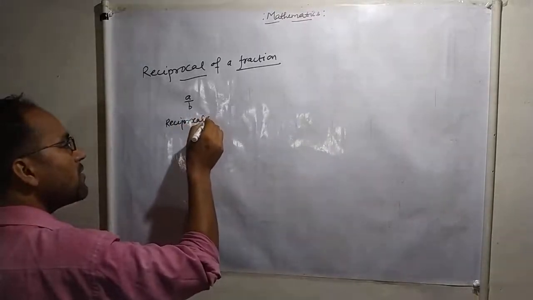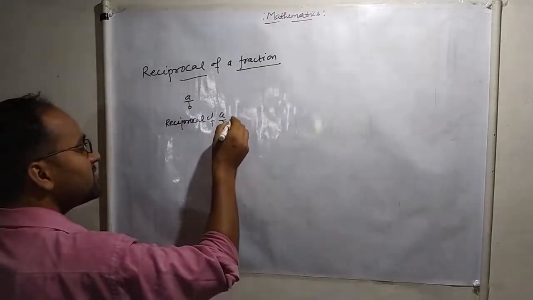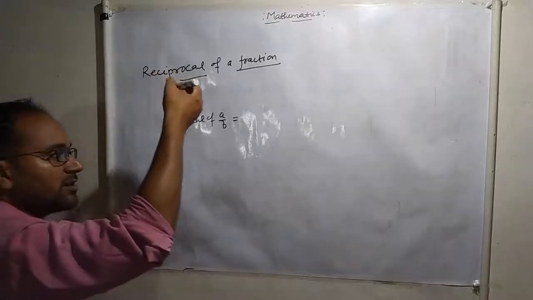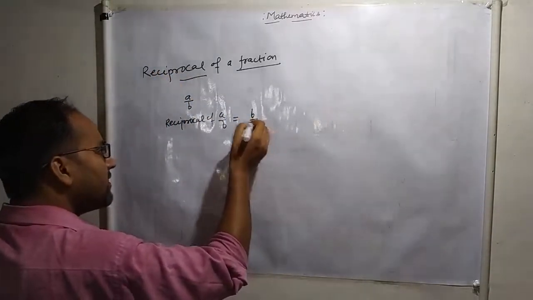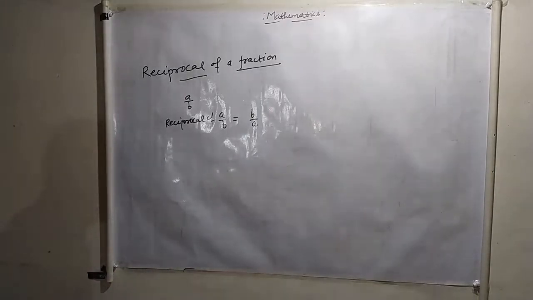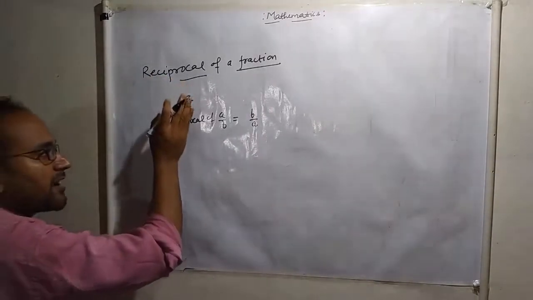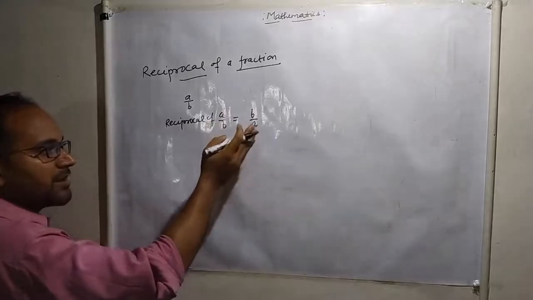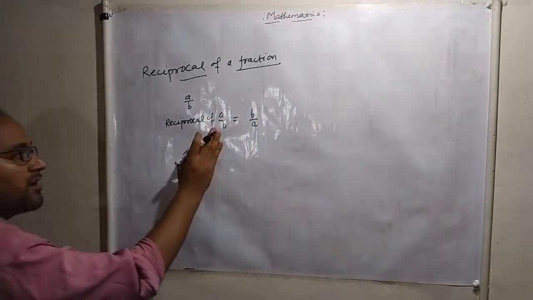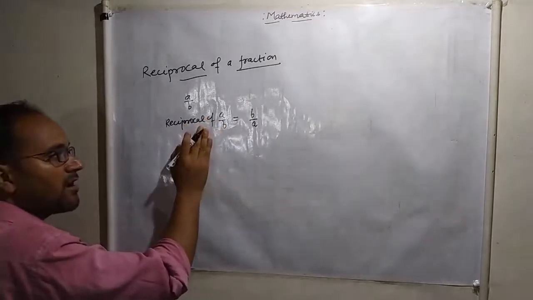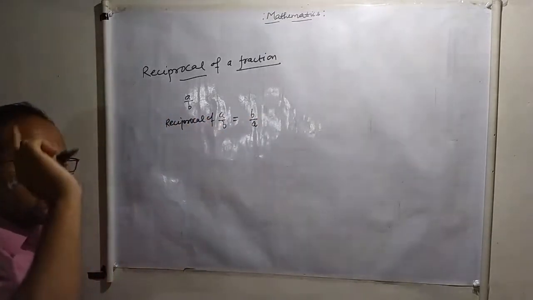The reciprocal of a upon b is just numerator comes in denominator and denominator comes in numerator, b upon a. So the reciprocal of a fraction is just the opposite of that one, and the product of a fraction and its reciprocal is always equal to 1.